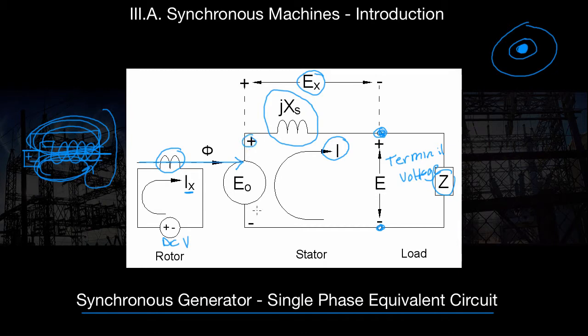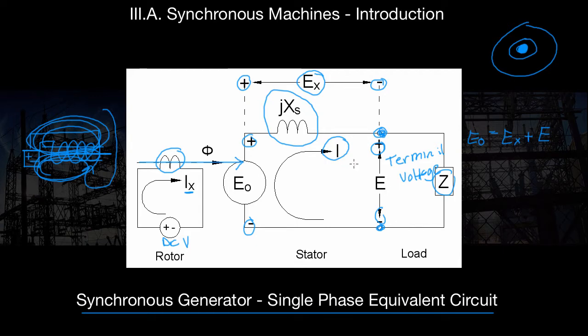This is going to be plus minus, and then these up here are plus minus and plus minus. So what does that mean? Well, we could sum that up as saying EO, our induced stator voltage, is equal to EX, which is the voltage drop across our synchronous reactance, plus our terminal or load voltage, E.